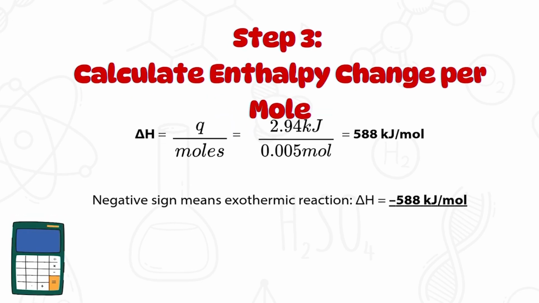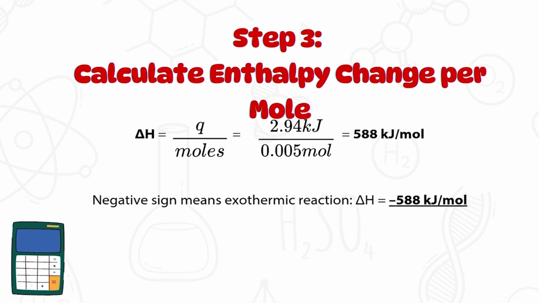Step 3, we calculate the enthalpy change per mole. From the question, we saw that there was a temperature increase from 25 to 32 degrees Celsius. Therefore, that tells me that we have an exothermic reaction. Therefore, our final answer should have a negative value in front of it. ΔH is equal to Q divided by number of moles.